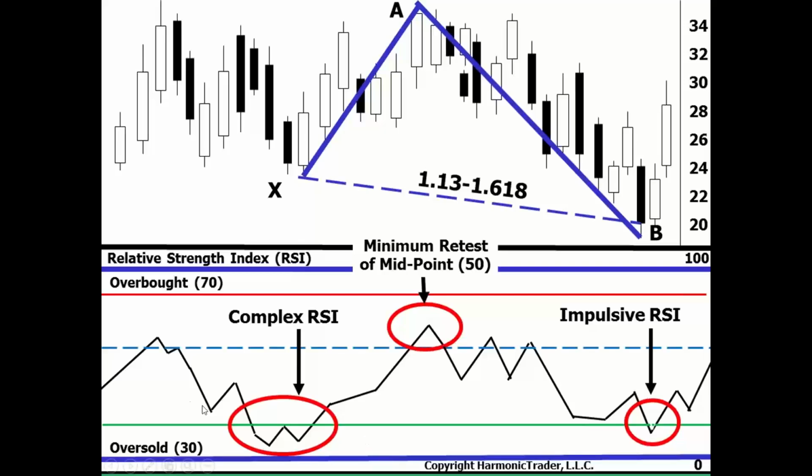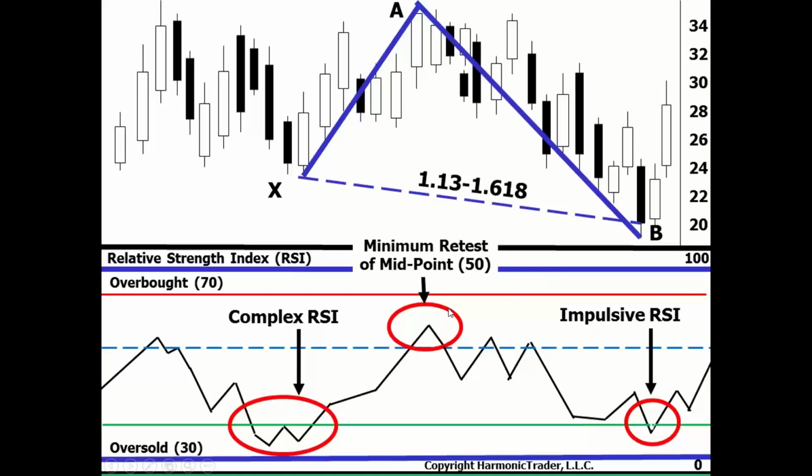Usually price action, again, we see a complex formation. We think consolidation. This is not a surprise to see this type of bouncing, consolidation behavior associated with the complex RSI. Even though it's an illustration, that's exactly what I'm trying to express with this type of formation versus the impulsive RSI.